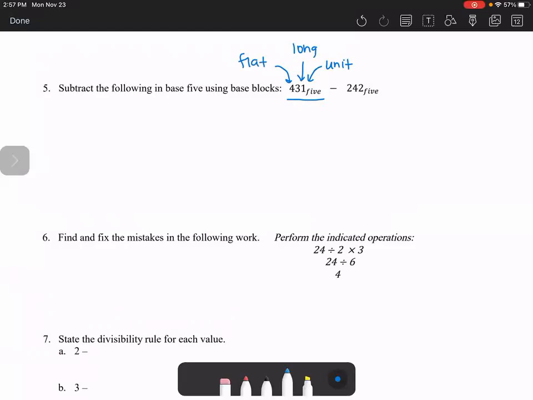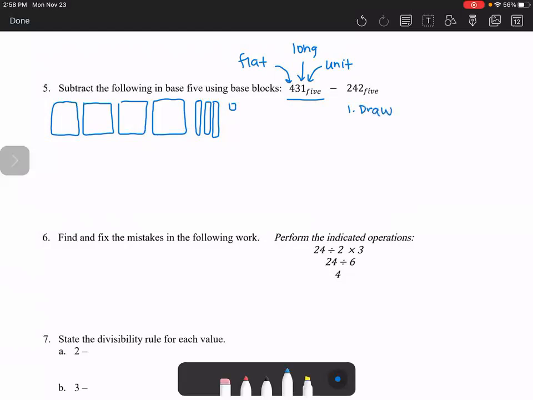So we're going to have 4 flats, three longs, and 1 unit. Because when we subtract using base blocks, we only draw the blocks for the first number, and then we take away the blocks for the second number. So you don't have to write these steps if it doesn't tell you to, but I will.